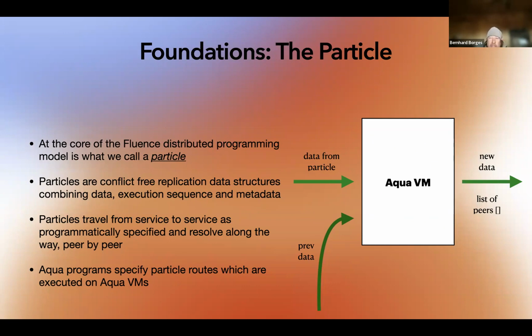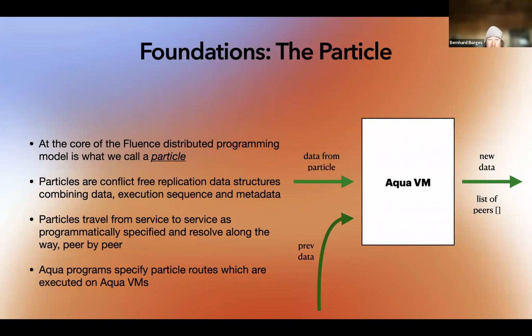That is your compiled Aqua script. You can think of it as bytecode. It's not bytecode, it's actually a Lisp-like output that comes from compiling it, and we call it AIR, Aqua Intermediate Representation. But that is part of that smart package, that particle that gets flung onto the network.